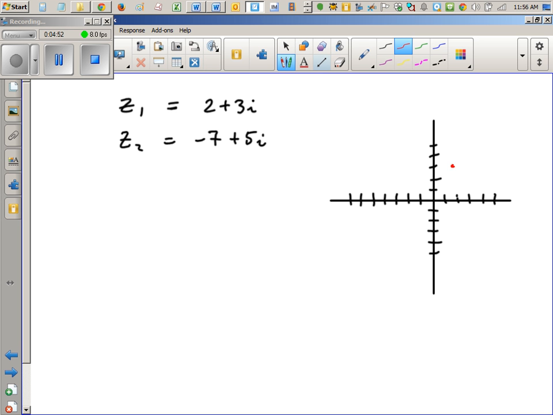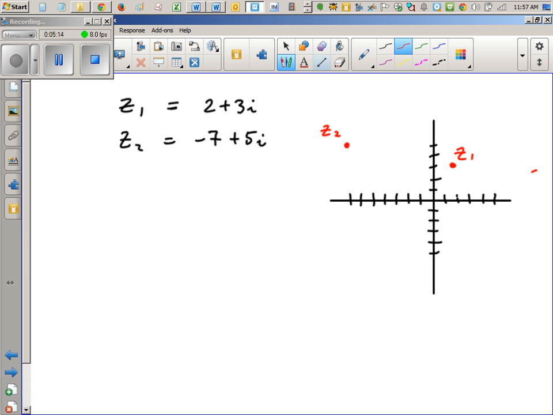Okay, so 2 plus 3i you should have plotted here. You can just label it Z1. Negative 7 plus 5i is over here. This is Z2. And now I'd like you to draw their moduli. Draw their moduli. That means their r's.